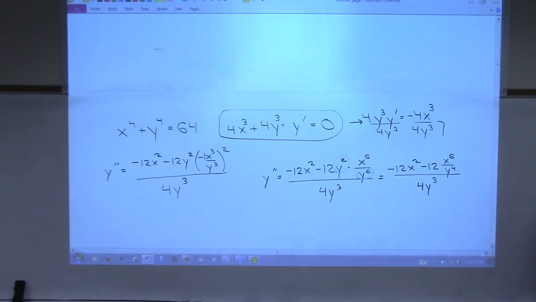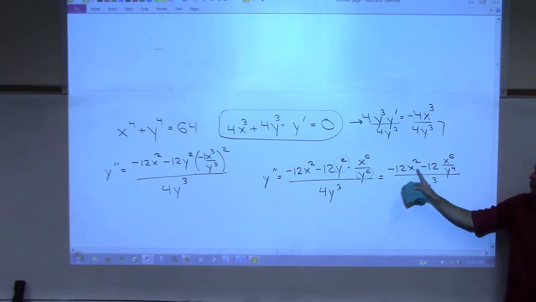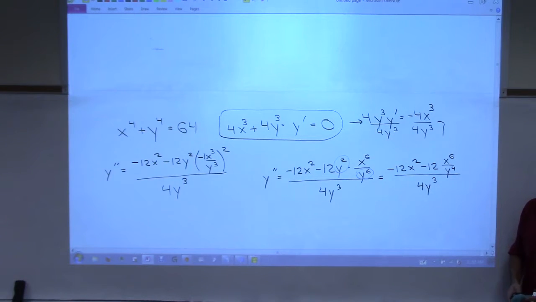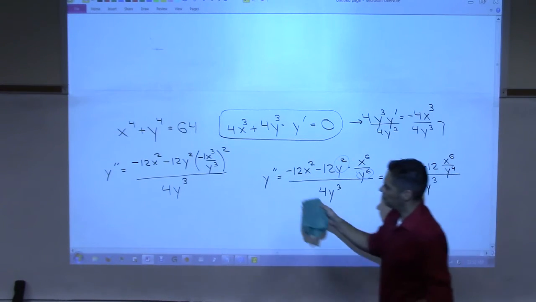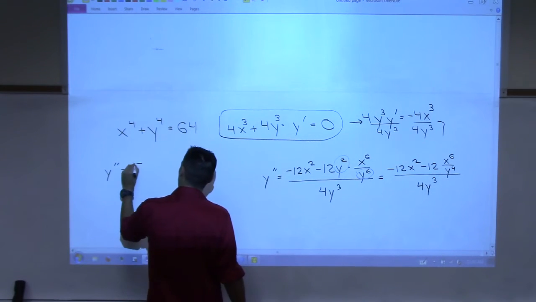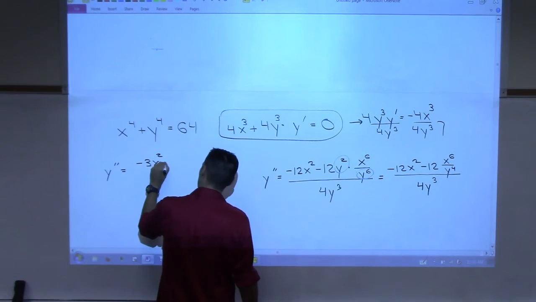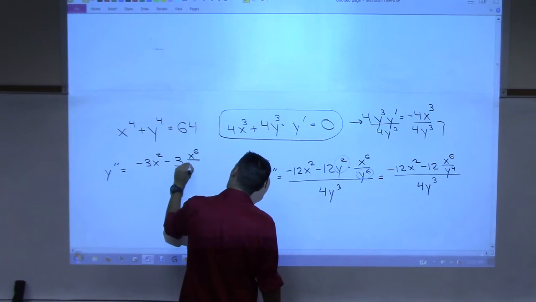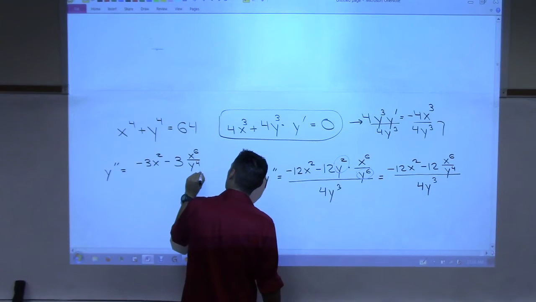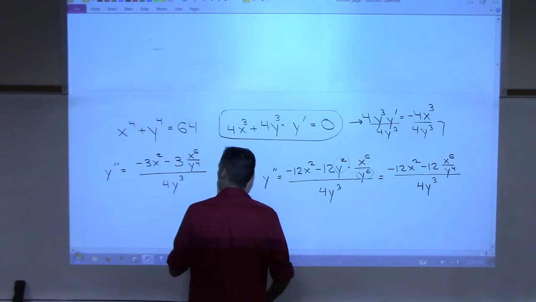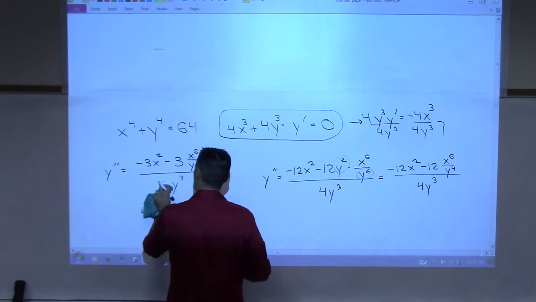Oh, you've been wanting me to do that for a while, haven't you? Since this has a factor of 4, that has a factor of 4, that has a factor of 4, I'll reduce everything by a factor of 4. That's fine? So it'll be negative 3x squared minus 3x to the 6th over y to the 4th, and then over 4y cubed. Over, yeah. Sorry.